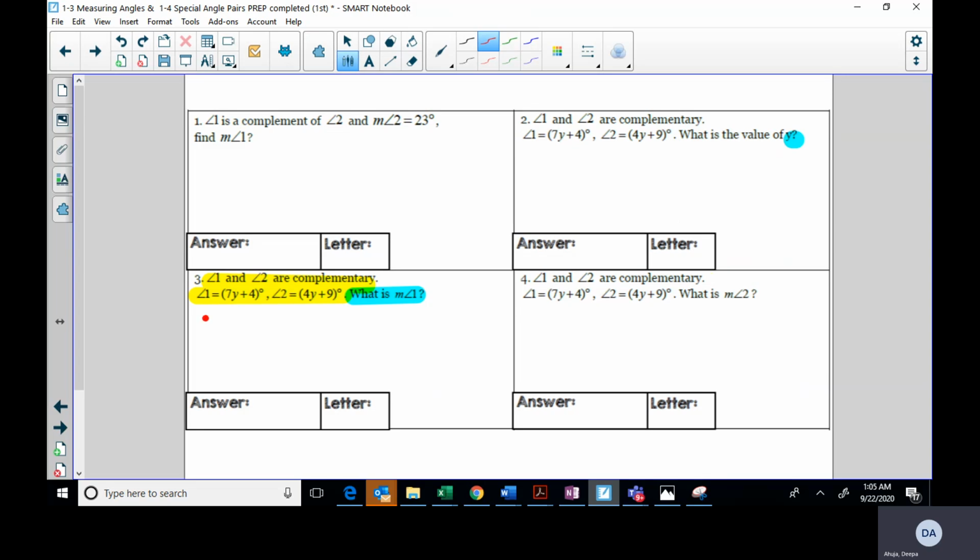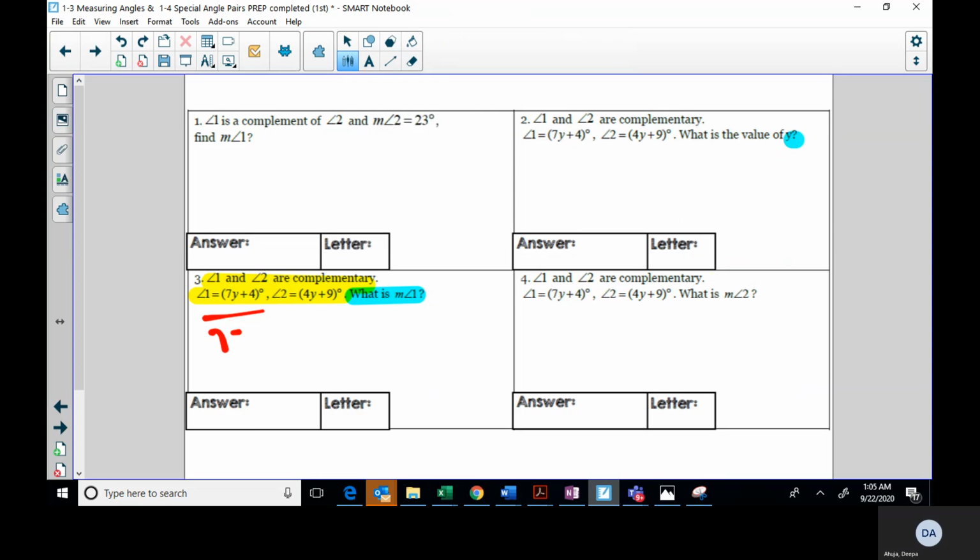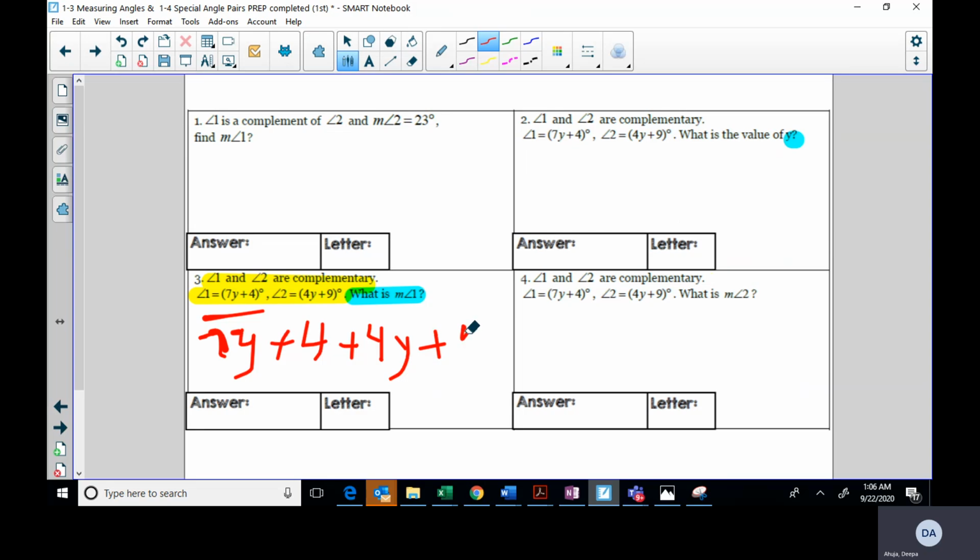So add angle 1, that is 7y plus 4, plus 4y plus 9 is equal to 90 degrees.